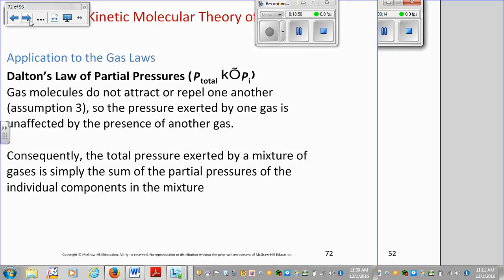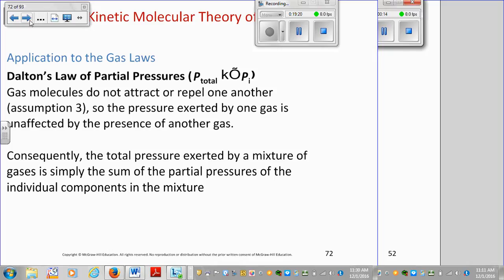Dalton's law of partial pressures, because we're assuming that gas molecules don't interact with each other. So Nat's back there running back and forth, bouncing off the walls. And Hillary's up here bouncing off the walls. So to figure out the total pressure in the room, I have to add this collision to your collision. That gives me total pressure.